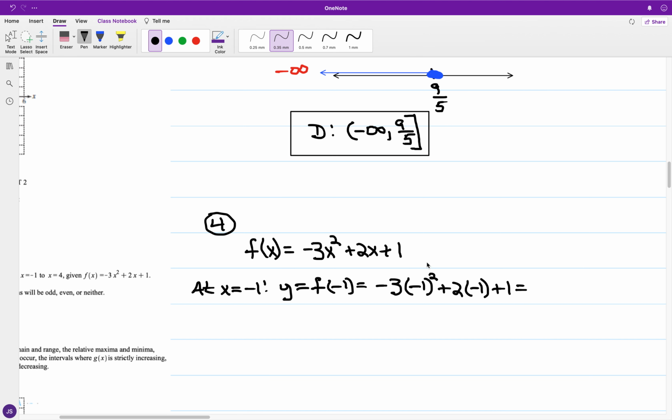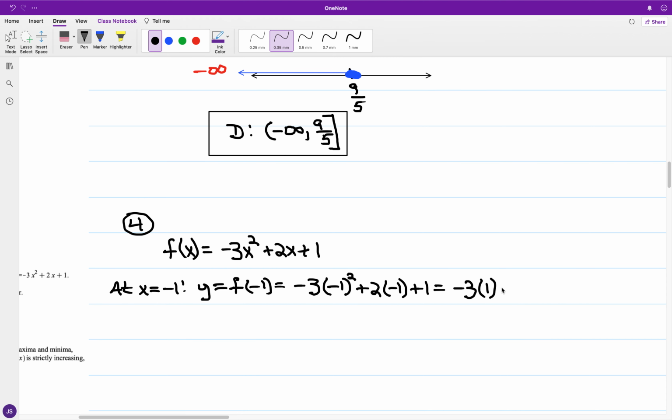Now the square of -1 is going to be positive, and I'm still going to multiply by -3, so I have -3 times 1, and following that we have 2 times -1, so we have a -2. Again, followed by the addition of 1.